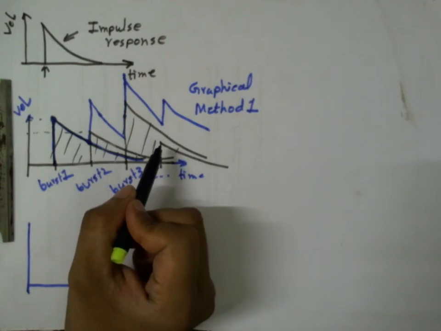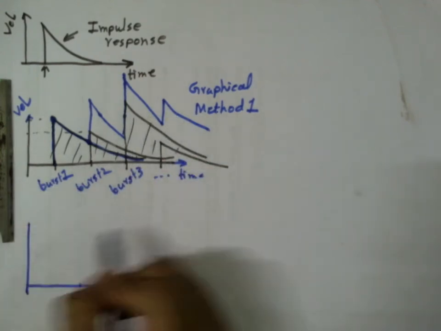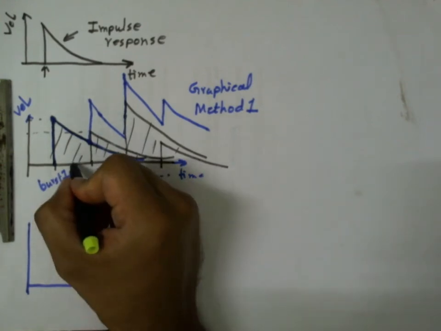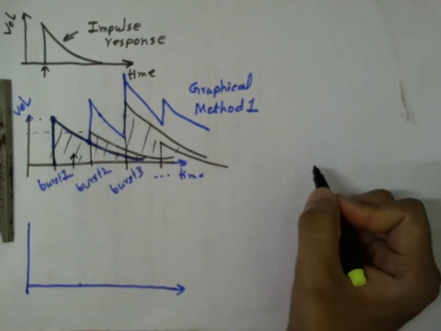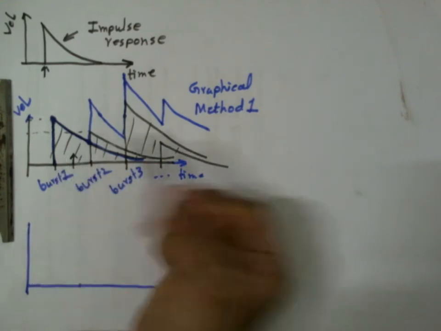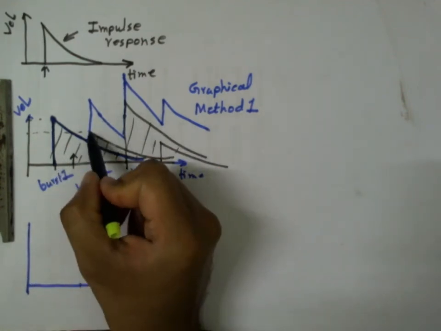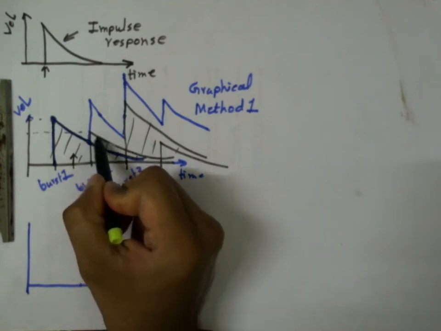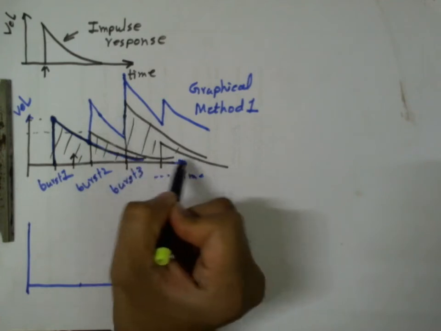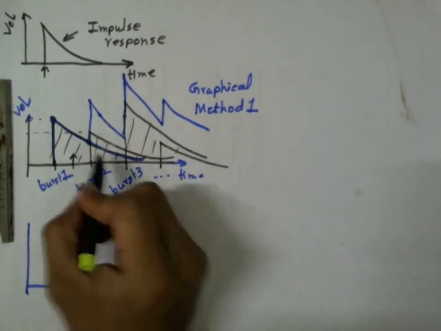But suppose I want to know only the velocity at this instance, right? In that case, it's obvious that I need not consider the impulse response at all for bursts 2, 3, 4 or so on.